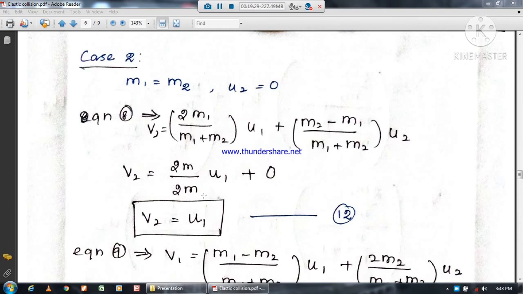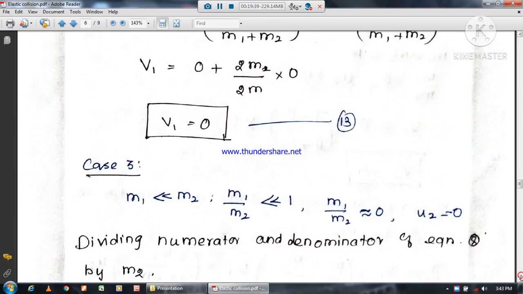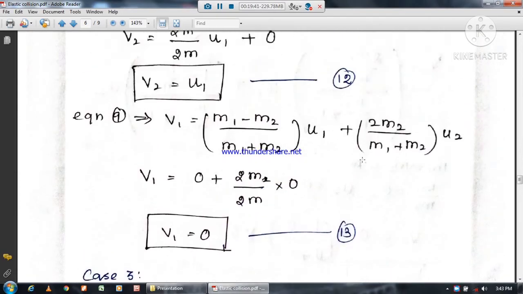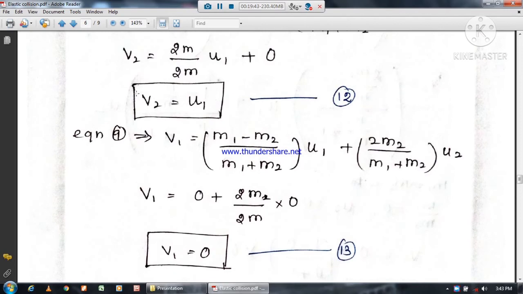We get here 2m1, that is 2m, divided by m1 plus m2, that is m plus m, 2m, into u1 plus this u2 is 0. So this term becomes 0. So v2 is equal to, you cancel this 2m and 2m, we get v2 is equal to u1.